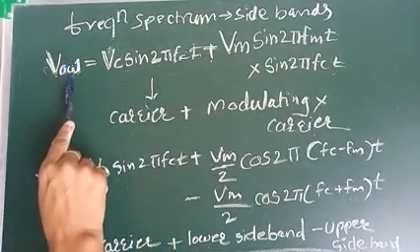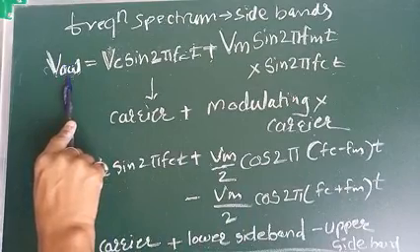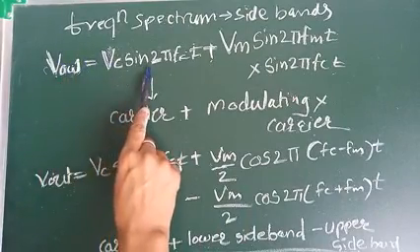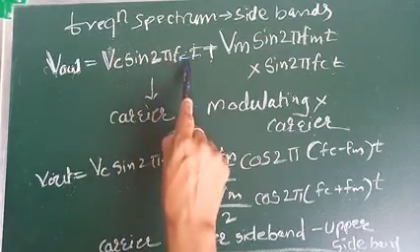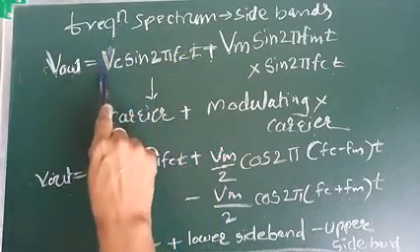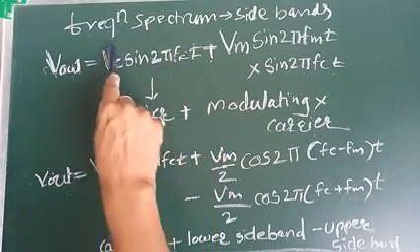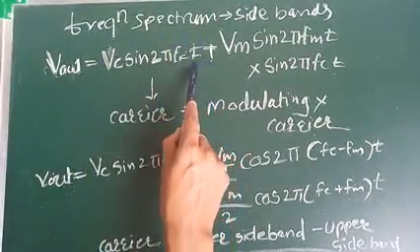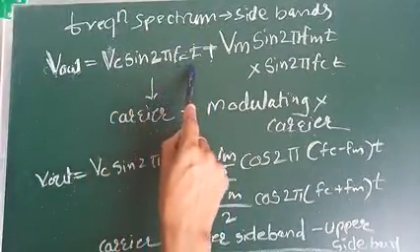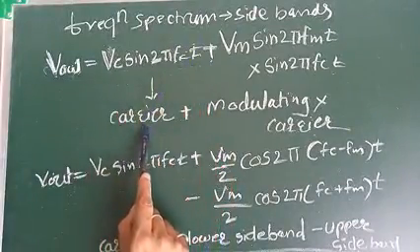The output of amplitude modulation is nothing but Vc sine 2 pi fct. Here c is given as a suffix. This is the amplitude Vc of the carrier wave and this is the frequency of the carrier wave. So the first term of this output waveform is nothing but the carrier waveform.